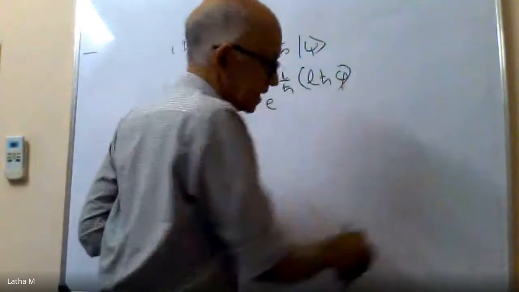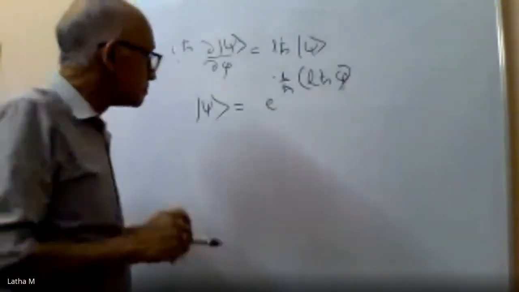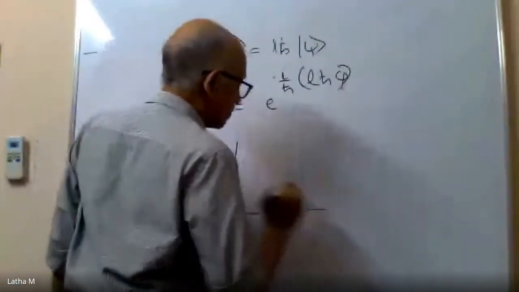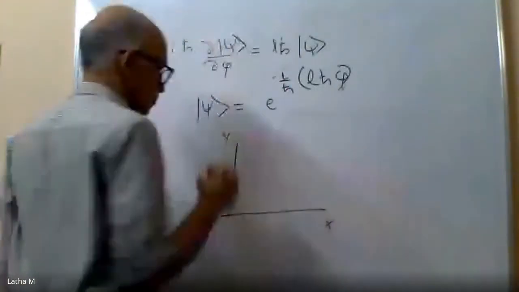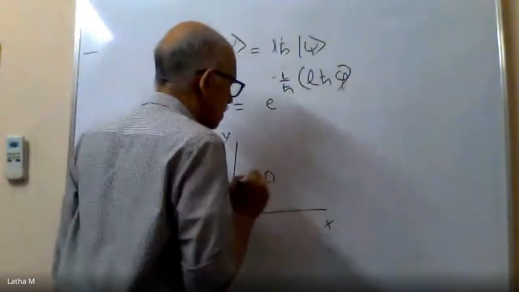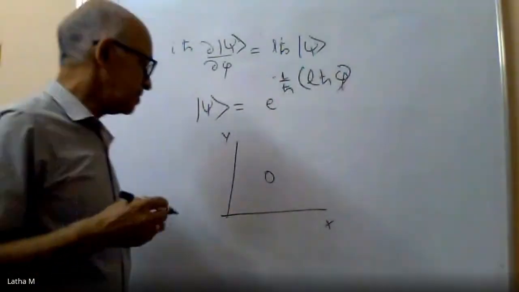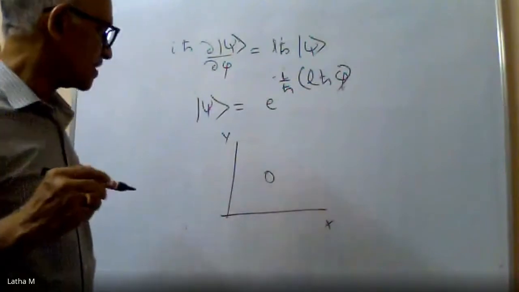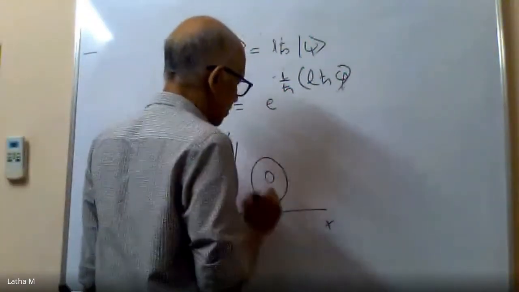Now let us consider a two-dimensional plane, the XY plane, and assume that there is a solenoid perpendicular to the XY plane, that is around the z direction, and a magnetic field is passing through the solenoid. Now let us consider a particle going around this solenoid.